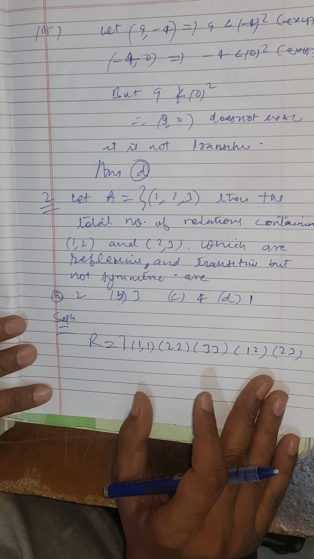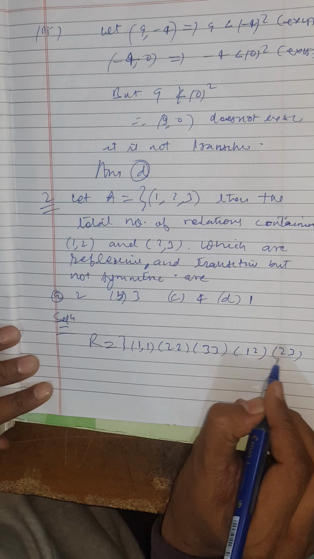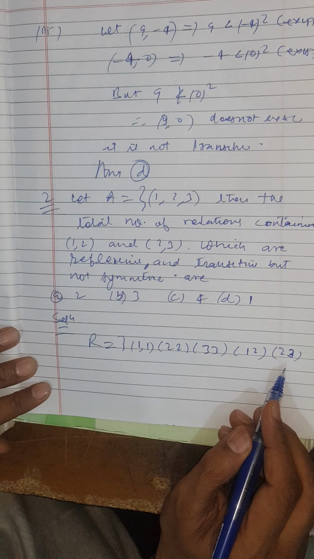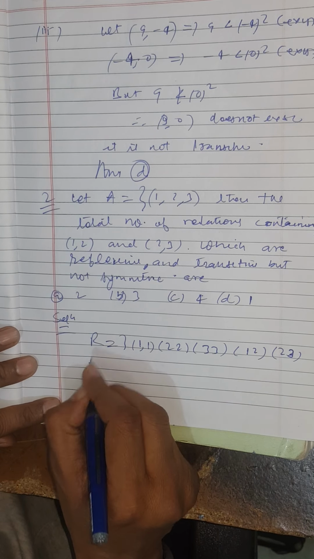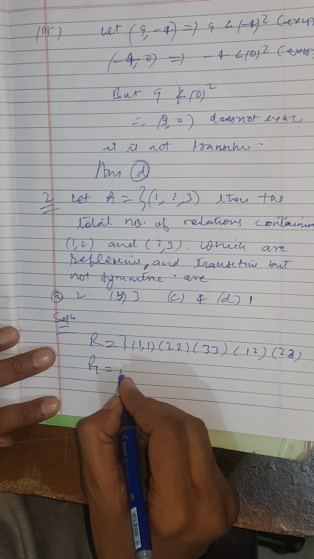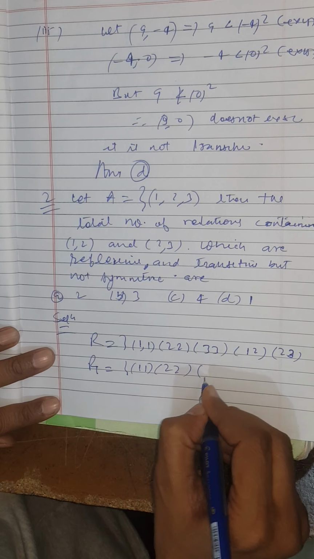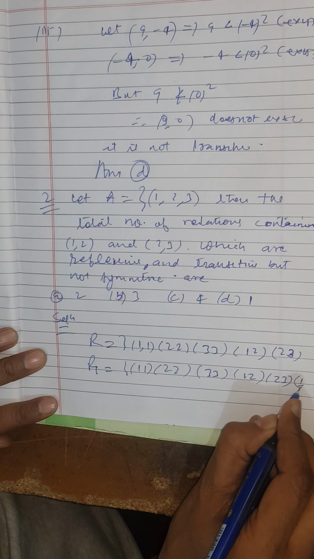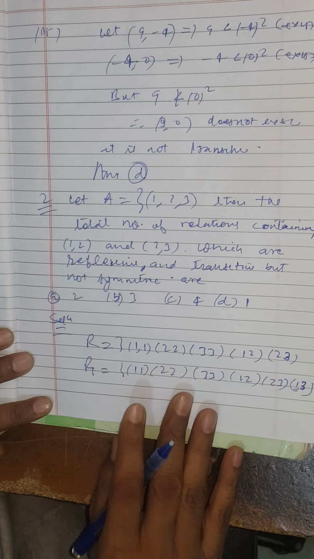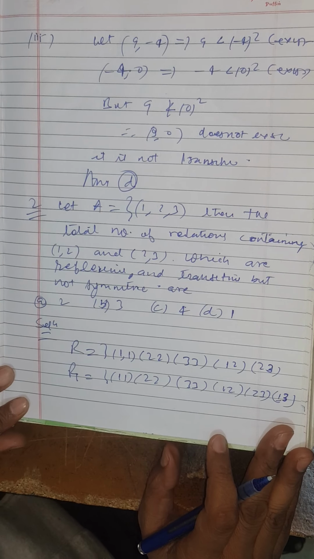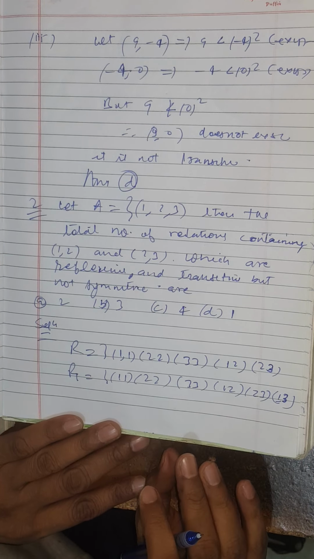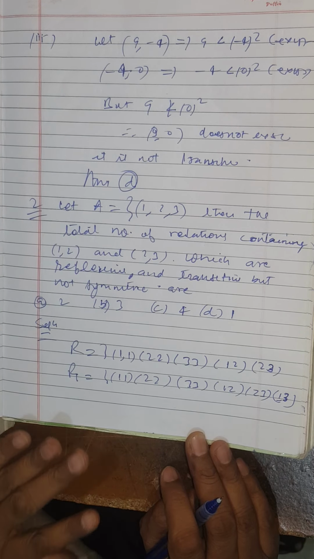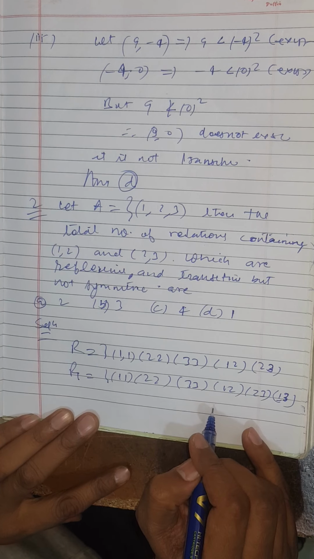We check 1 to 2, 2 to 3, so we need (1, 3) to make it transitive. Therefore add and name R1: (1, 1), (2, 2), (3, 3), (1, 2), (2, 3) and (1, 3) is a must. Reflexive already exists, but it will not be symmetric.